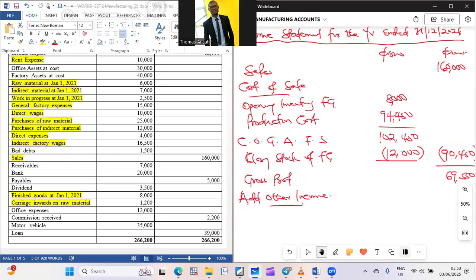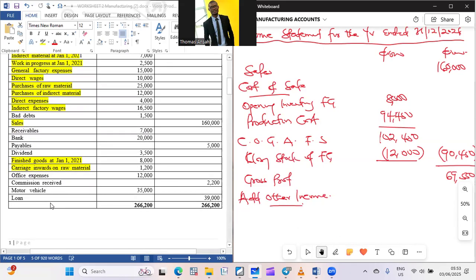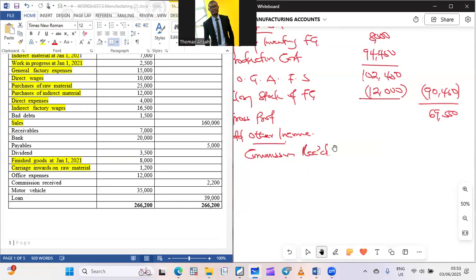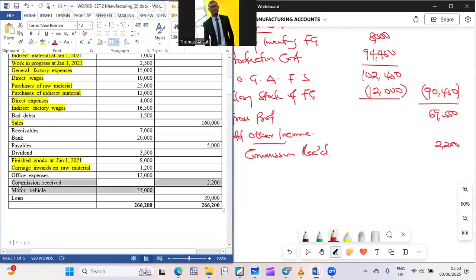So the other income, you saw something like commission received, right? How much is the commission received? This is it, 2,200. All right, so that one too is captured.